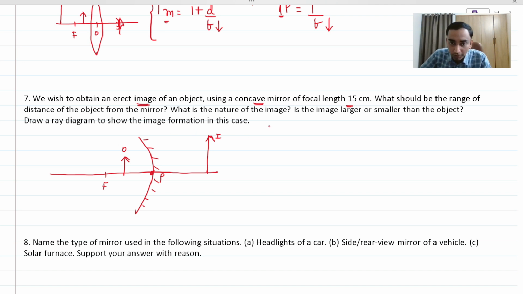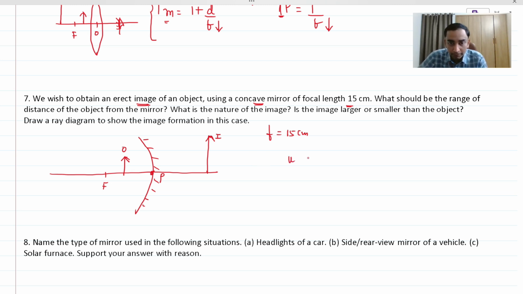Now they are saying that the focal length of the mirror is 15 centimeters. What should be the range of the distance of the object from the mirror so the object can be placed anywhere between P and F? So I should be saying that the object distance U should be less than, not even equal to, because when you keep the object at focus, the image goes to infinity.